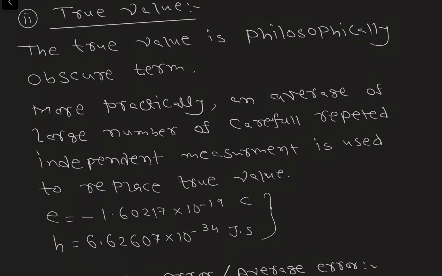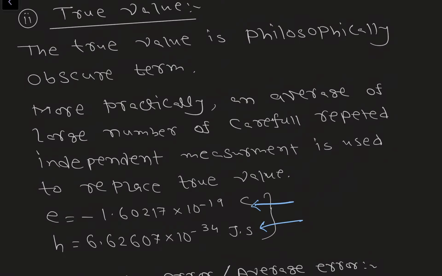Like, we know the charge of the electron, and another one is the Planck constant. Both values are experimentally determined by Millikan. Millikan first did the oil-drop experiment to get the charge of the electron, and after Einstein gave his photoelectric theory, he also calculated the value of h.